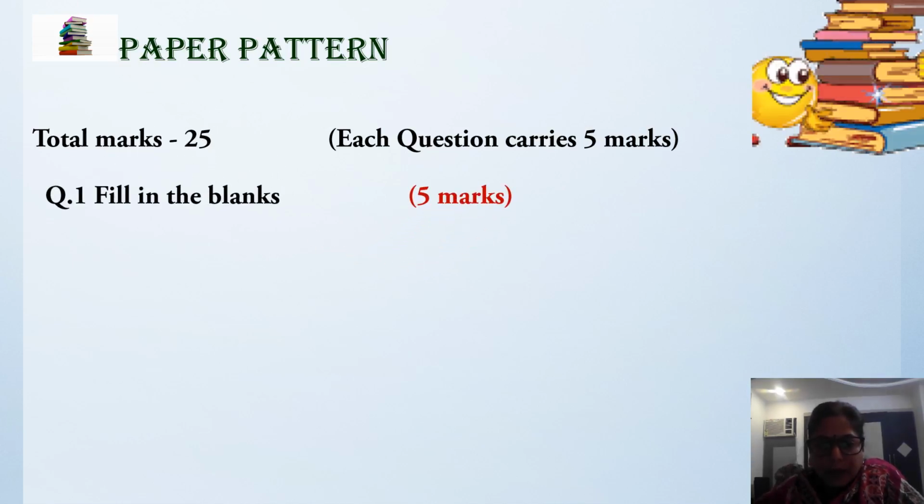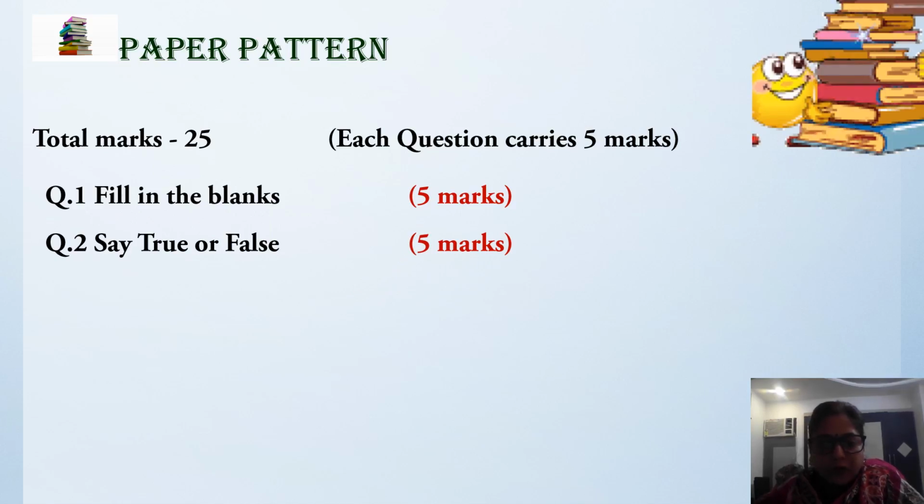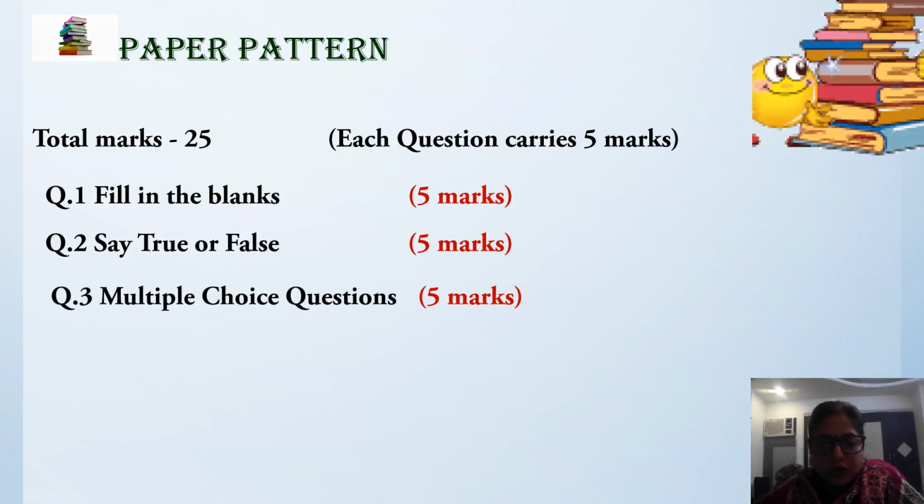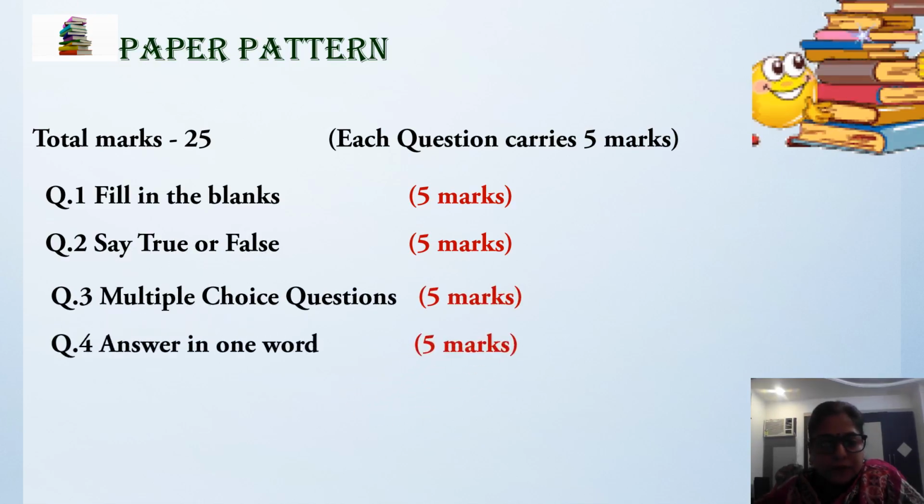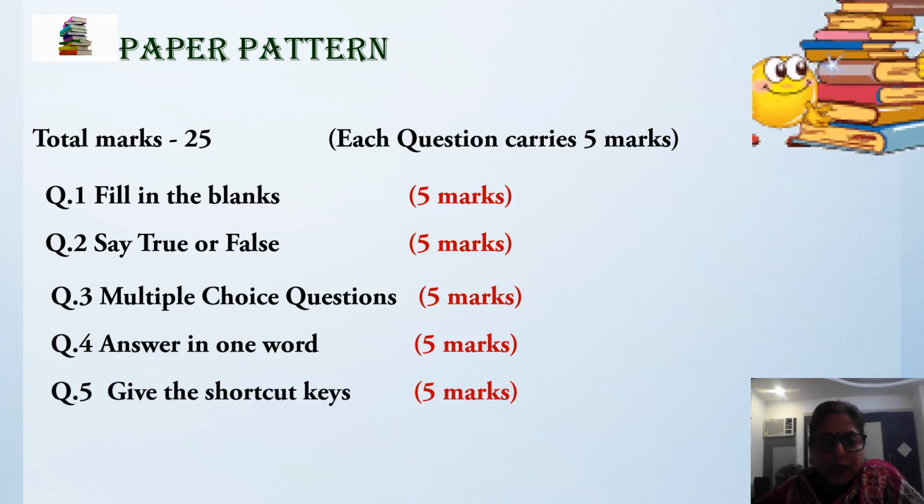Fill in the blanks, 5 marks. Then say true or false, 5 marks. After that, multiple choice question, 5 marks. Answer in one word, 5 marks. And give the shortcut keys, 5 marks. This is your paper pattern. Okay? Understand?